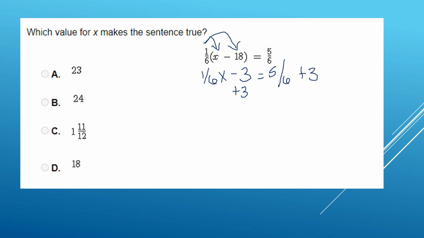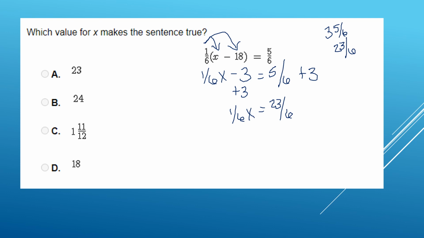So I've got 3 and 5/6, and I'm going to come up here because we're dealing with fractions and change this to an improper fraction. 6 times 3 is 18, plus 5 is 23. And I'm going to leave it over the same denominator. So 1/6 x equals 23 over 6.